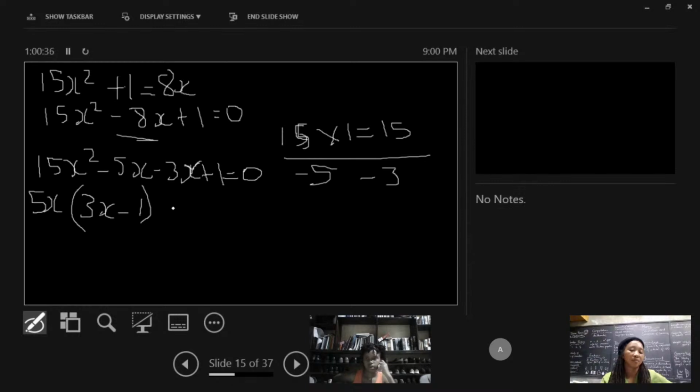And for the second part, we're going to use negative 1. So negative 3x divided by negative 1 is 3x. And 1 divided by negative 1 is negative 1. So it's going to be 5x minus 1 and 3x minus 1.